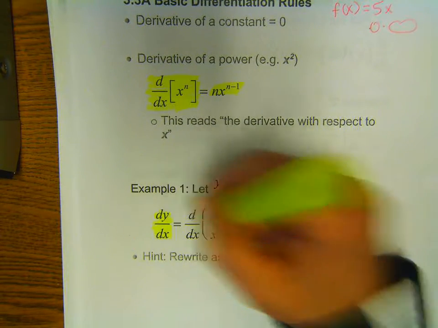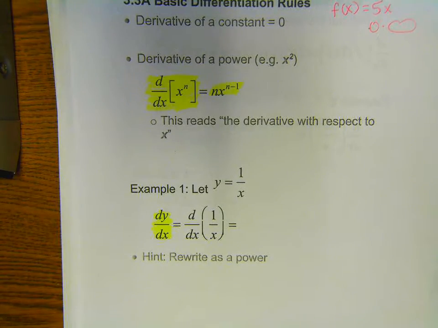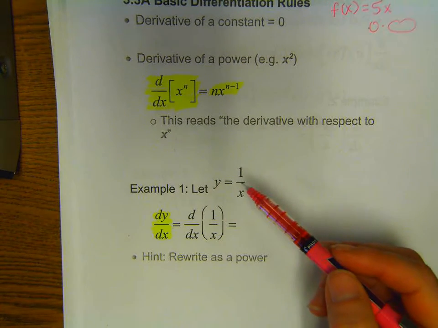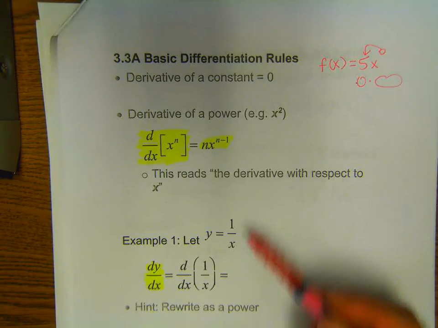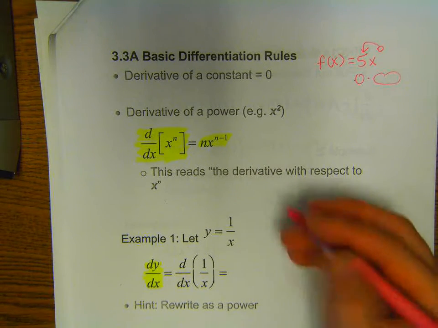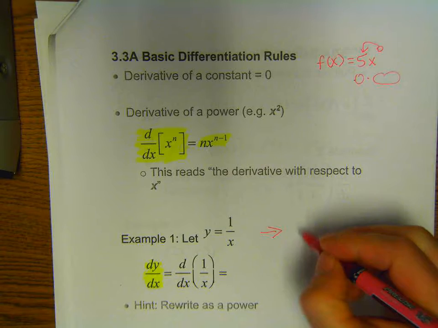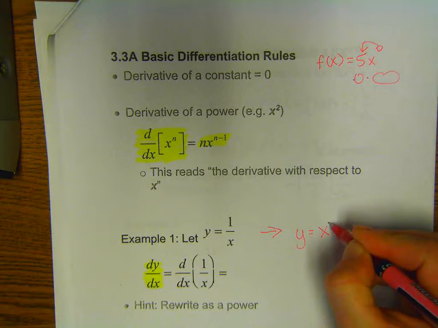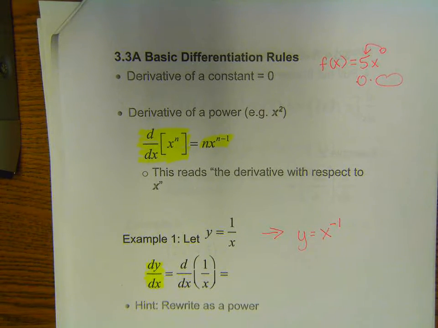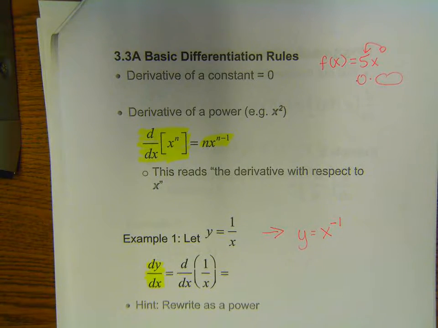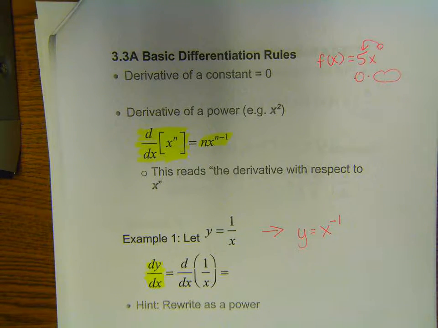Okay, so for today, if you can, you want to rewrite things as having a power so you can use this rule. And so how could I rewrite 1 over x? x to the negative 1 power. And so that's, for now, how I would rewrite all fractions.